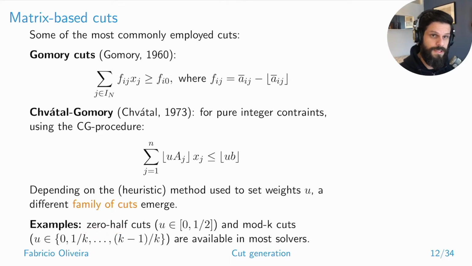Zero-half cuts are basically cuts where you set these u to be either 0 or 1/2, hence the name. There are also mod-k cuts. Mod-k cuts are a bit more complicated, but basically you set a constant k, and then you take fractional values of that. So, I don't know, you can set k to 7, and then you have 1/7, 2/7, 3/7, 4/7, and use those as weights. These are a bit more complicated, but you will see mod-k cuts quite often as well.